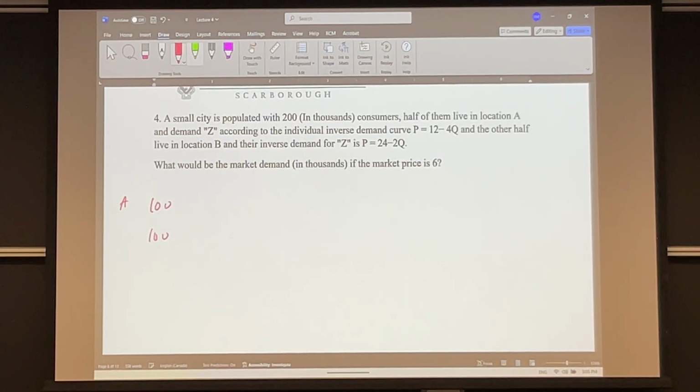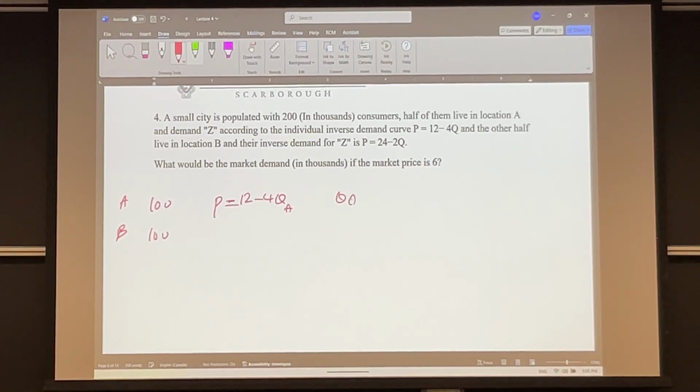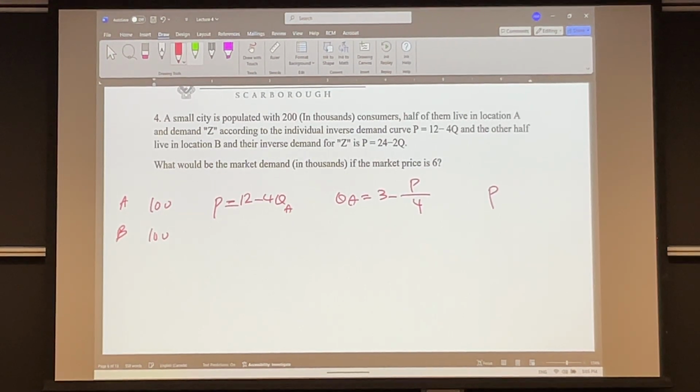Right? That's the inverse demand for Group A. That's the actual demand for it. And the reservation price is how much? What's the reservation price for the first group? If you want to find the reservation price, put Q equal to 0 in the demand. That will give you the reservation price, right?